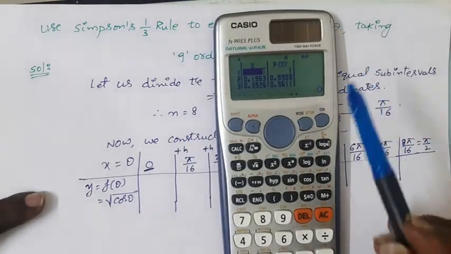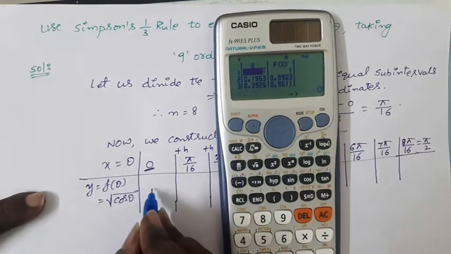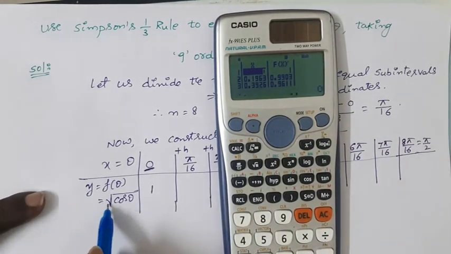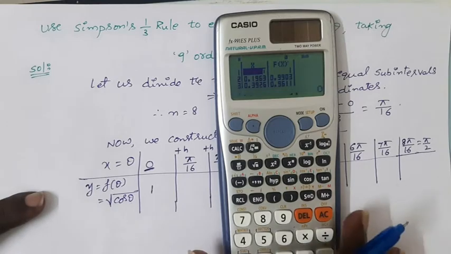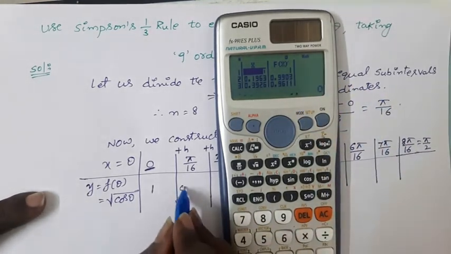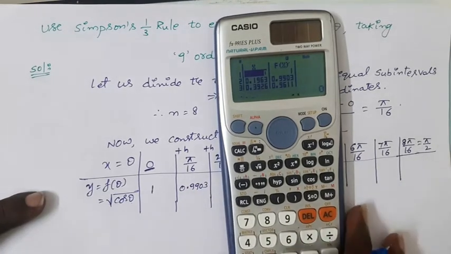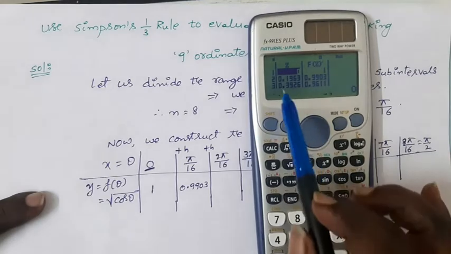Directly you will get the data values of f of x. First one is 0. At 0 the functional value is 1. Already we know that root over cos 0 is 1. Next one is 0.9903. And next, the third value, 0.9611.